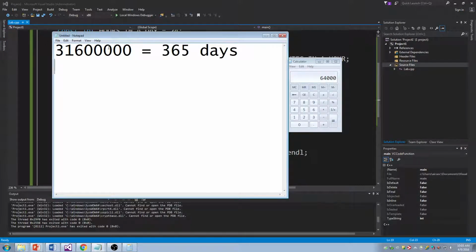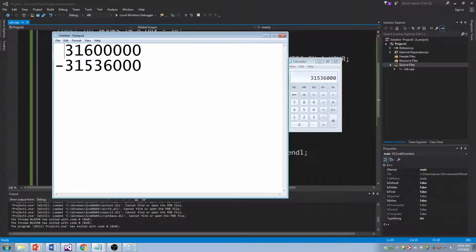If I subtract that, if I take 365 times, what is the result of this minus this? So 64,000. Okay, cool. Now what do I do? Why don't I take this number and divide it by how many?